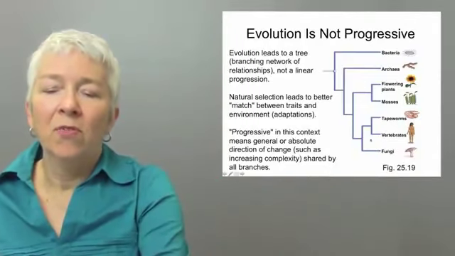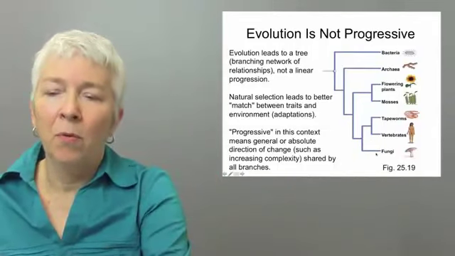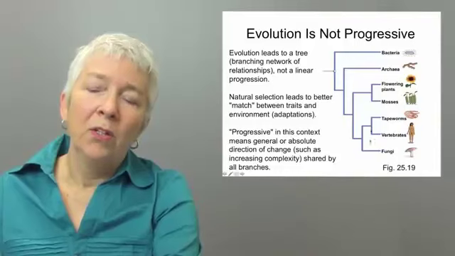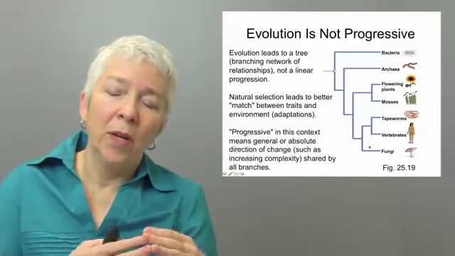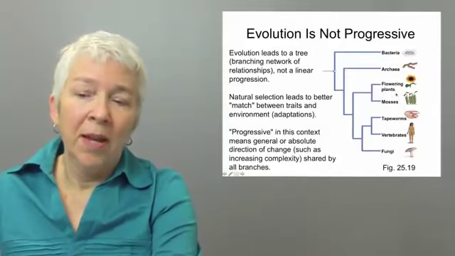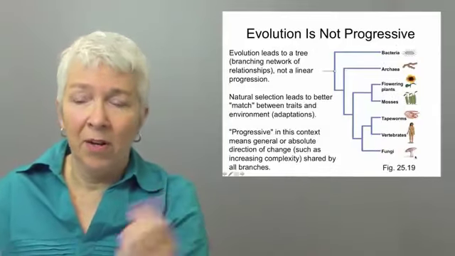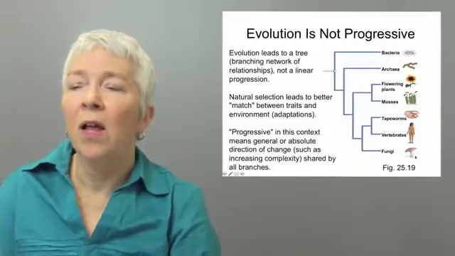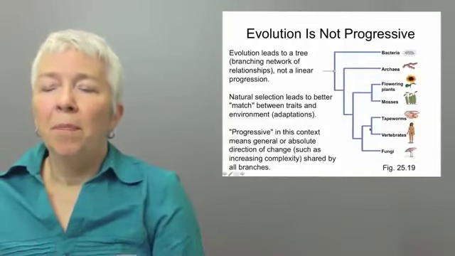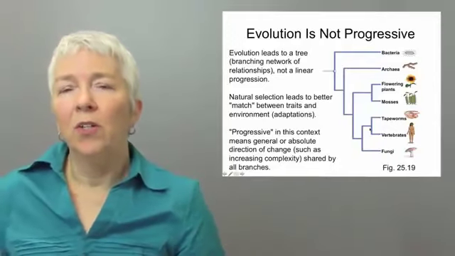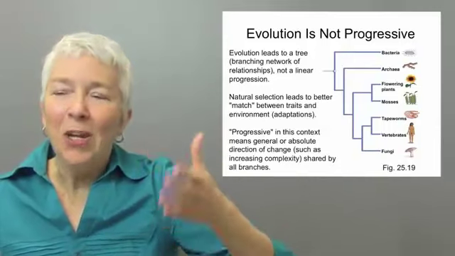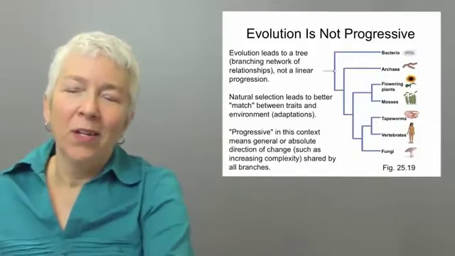So if one considers figure 25.19, for example, which is in front of you right now from your textbook, it shows the evolutionary relationships between a couple of representative animals and plants and prokaryotes, and even a fungus in there as well. And over time then, we end up with a branching network of relationships, a branching network of different kinds of taxa. This is not a linear progression in living organisms as a whole.